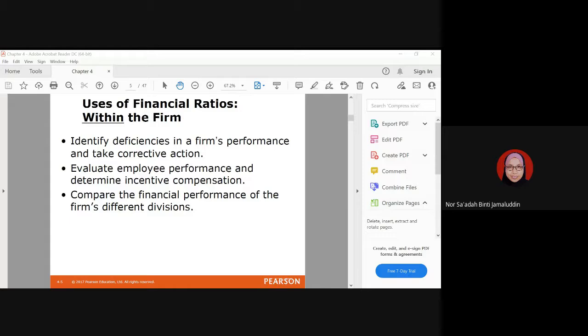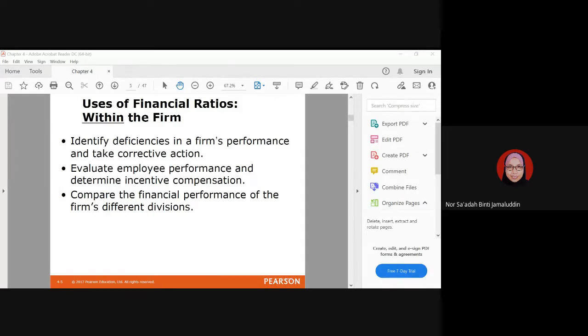Alright, the third is to compare the financial performance of the firm's different divisions. So this financial ratio, use of financial ratios within the firm, is untuk membezakan, compare the financial performance. Tadi kita dah tengok tujuan ratios ni dia kena compare antara current year with the previous year, current year in your company with the other company but in the same industry.